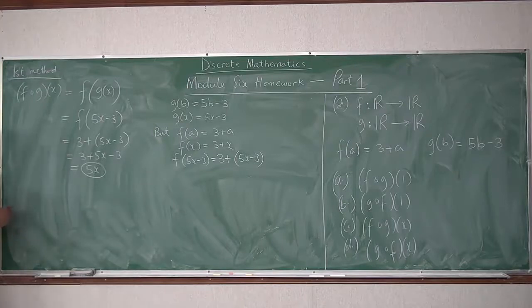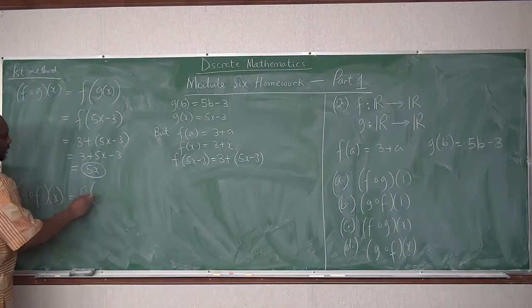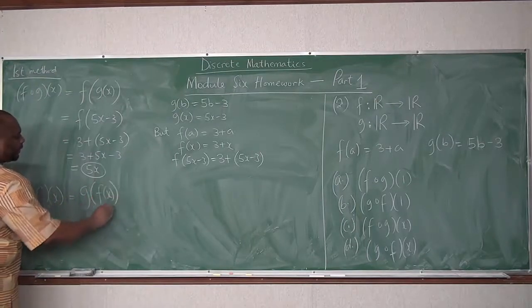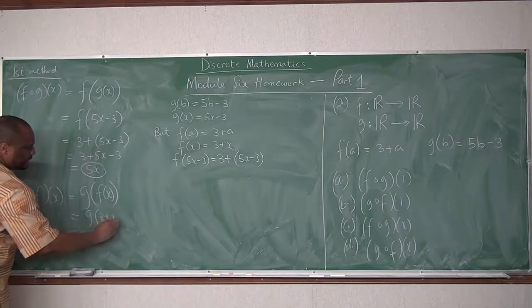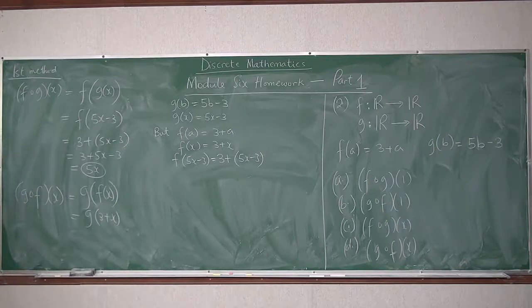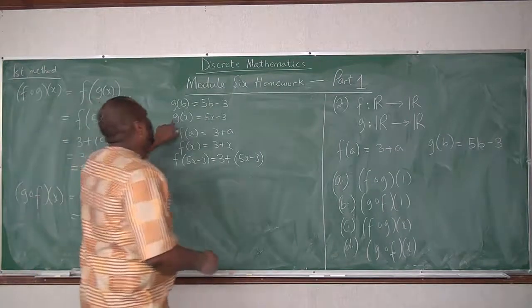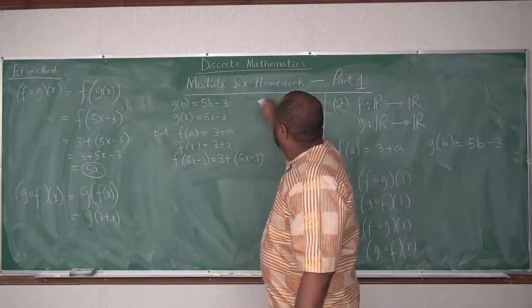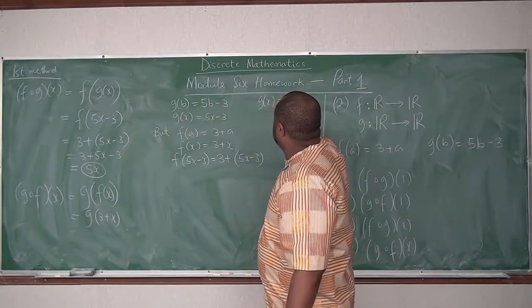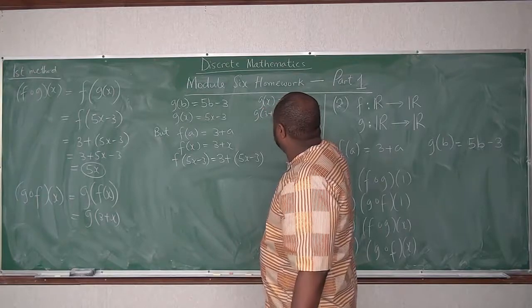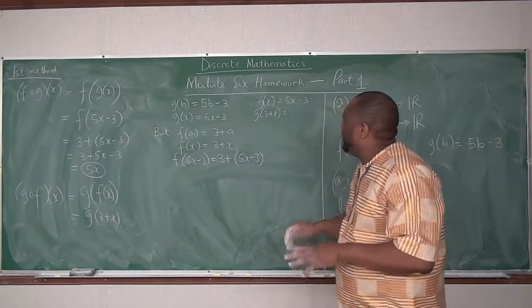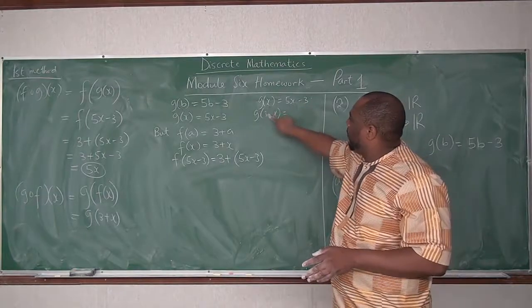Now what if we do Goff of x? So this means that g is outer. G of f of x. So this will be g of 3 plus x. Now we see from here that g of x is 5x minus 3. So g of 3 plus x would be, anywhere we see x, we put 3 plus x.